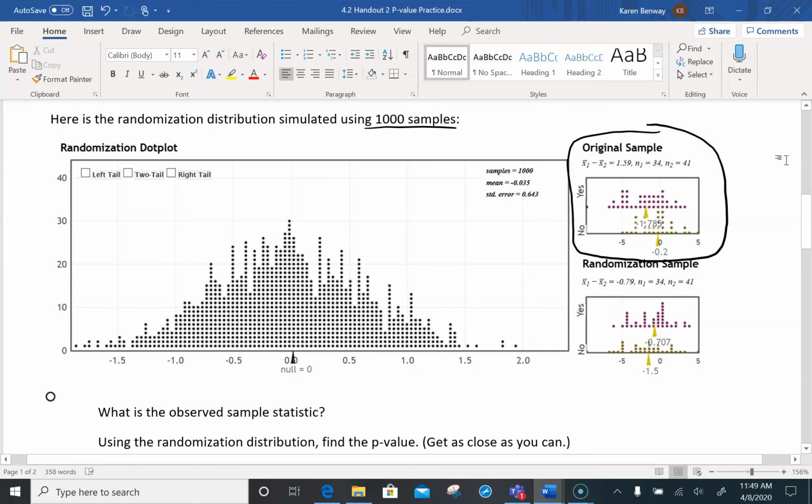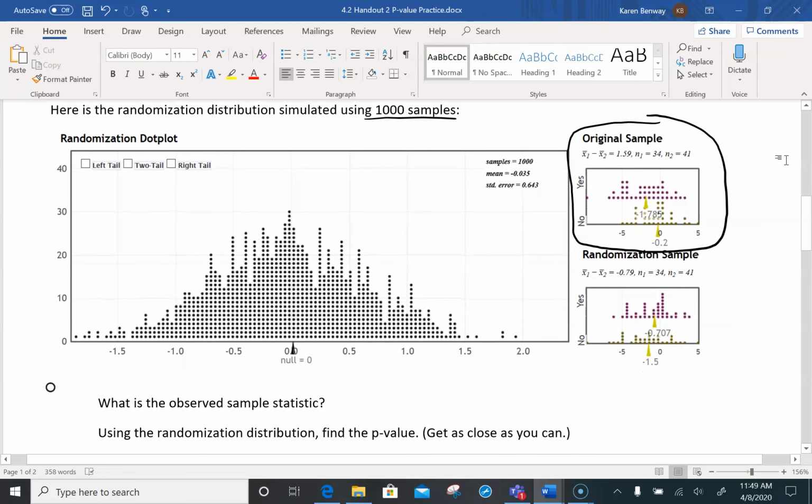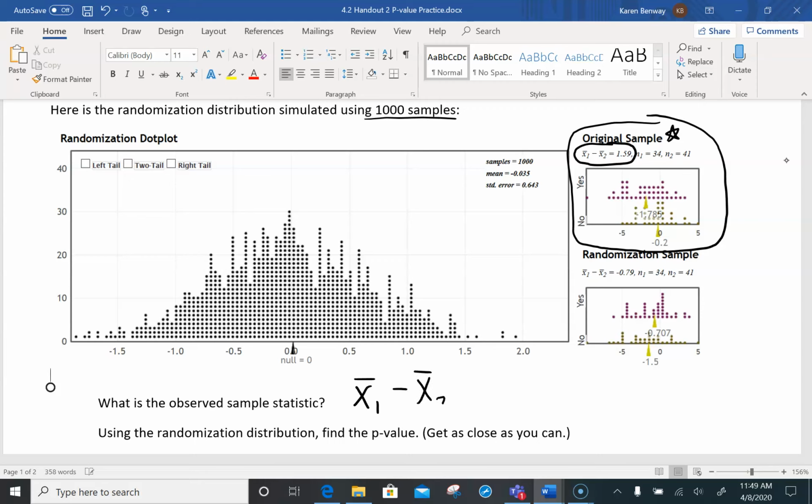Okay, so next I need to find my observed sample statistic. Now, since my parameter of interest is a difference in means, the original sample statistic that I'm going to use is the difference in means in the original sample. My sample statistic always comes from the original sample. So I've got x bar sub 1 minus x bar sub 2 equals 1.59.